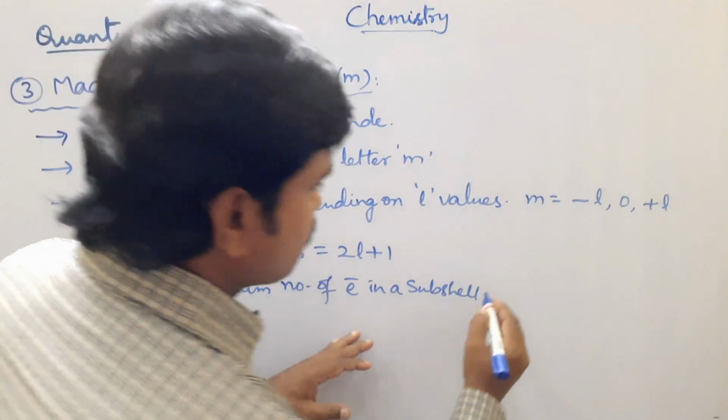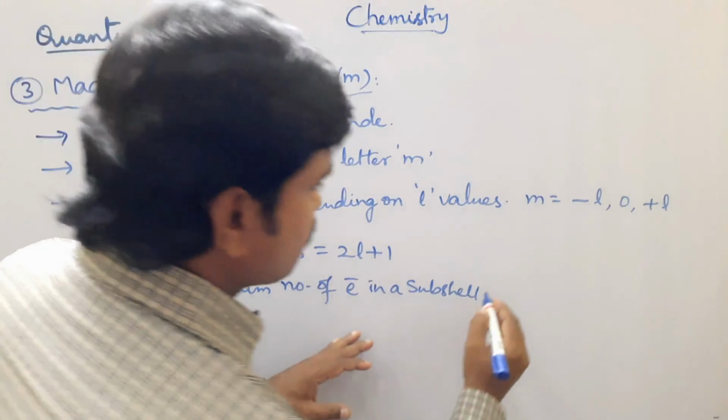For example, in the s subshell, how many electrons? For s orbital, L value is 0, according to the azimuthal quantum number. That's why 2 into 2L plus 1 means 2 into 0 plus 1.